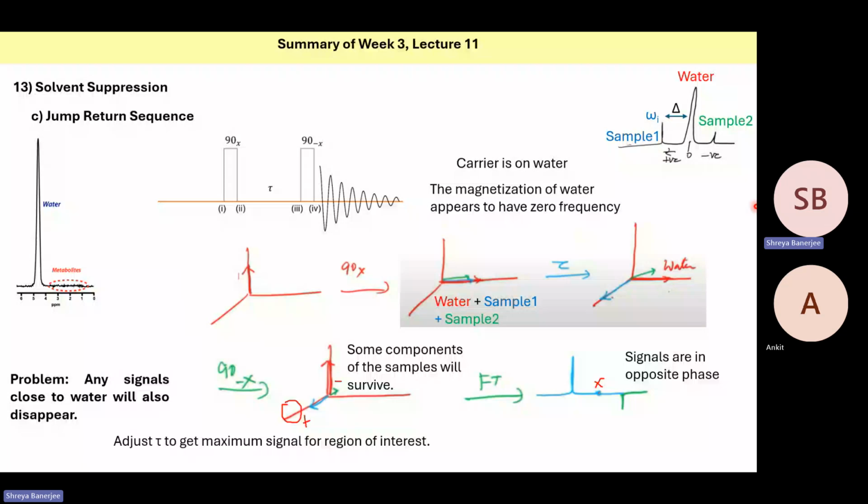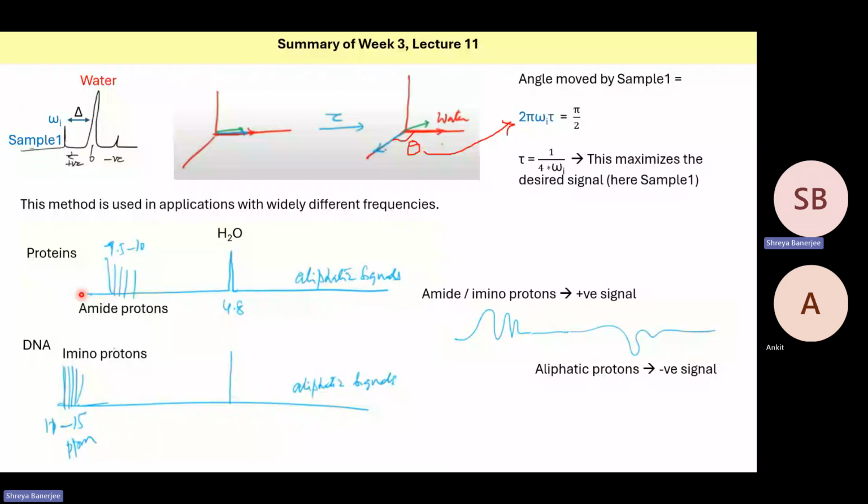So here also in protein and DNA, the amide or imino protons will have positive signals and your aliphatic signals will have negative signals. And if you can properly adjust tau, then the intensity of these signals will be maximum and the water signal will be completely cancelled out. So this is the method for solvent suppression.